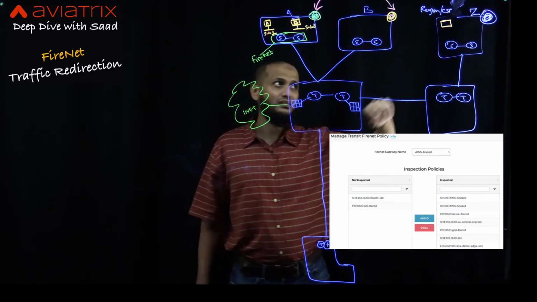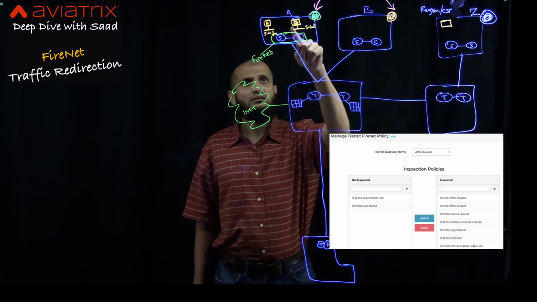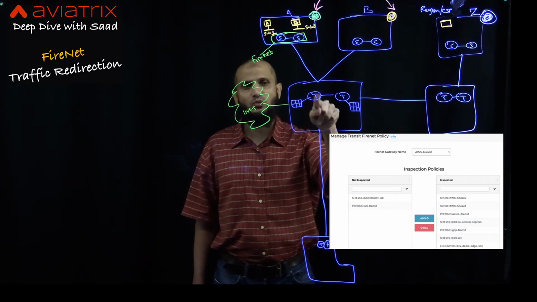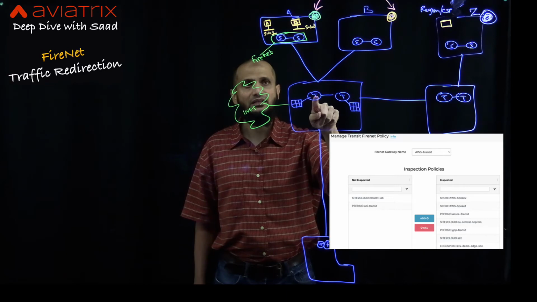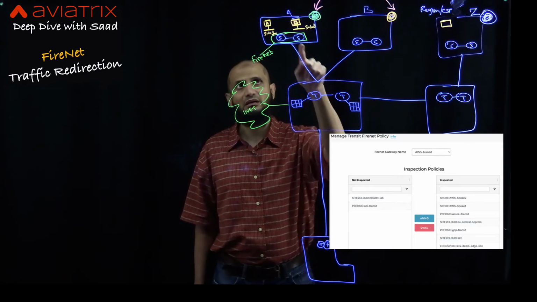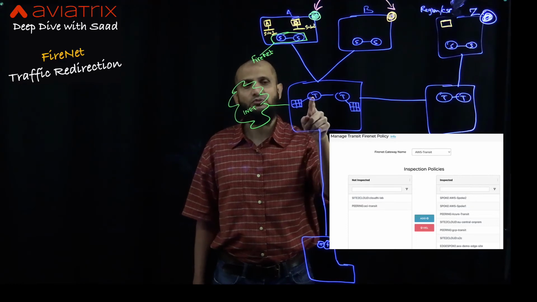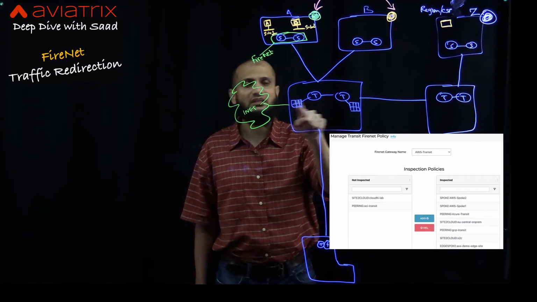When A communicates with B, then traffic hits the transit gateway. Now transit gateway is intelligent enough that it knows anytime traffic is coming from spoke A, I'm going to redirect the traffic to one of these firewalls.